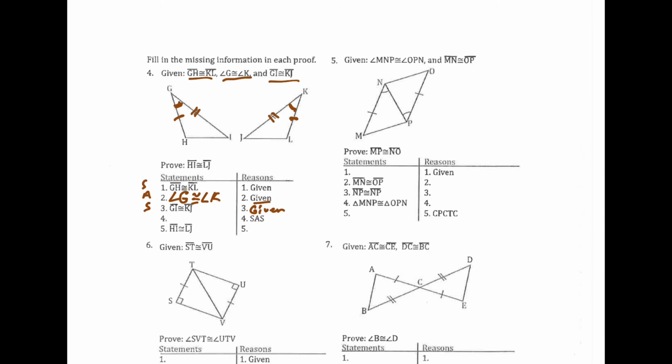So therefore, our next part of this proof is just going to be to say that these triangles are congruent by side, angle, side. And we can do any of the triangle congruency statements that fit. I will just do triangle HGI congruent to triangle LKJ.